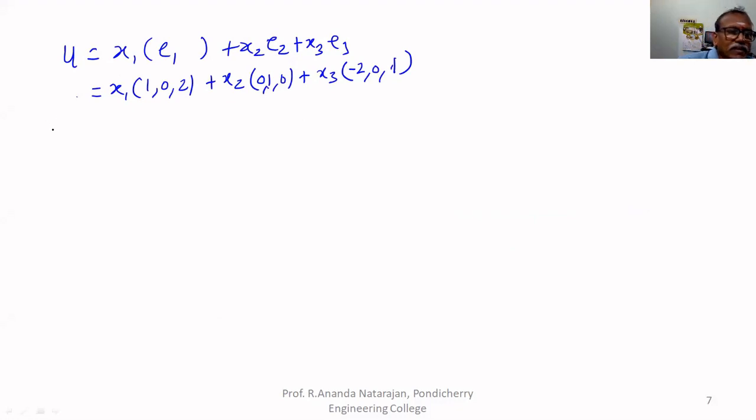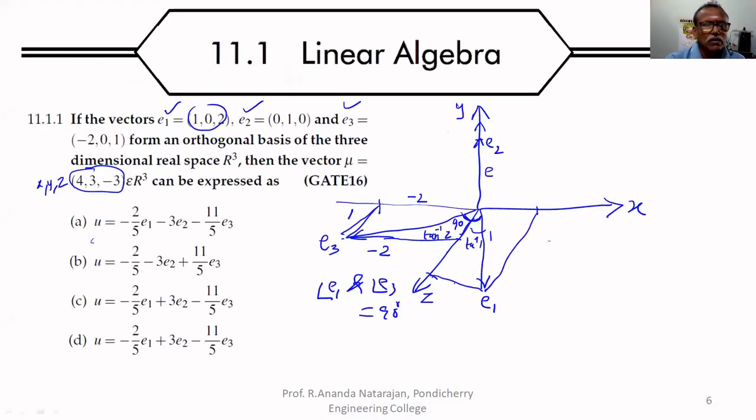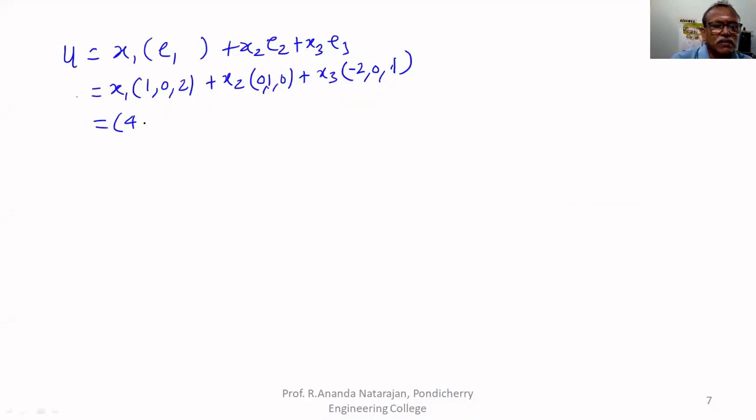Therefore, we can write what is U? U is also equal to 4, 3, -3.